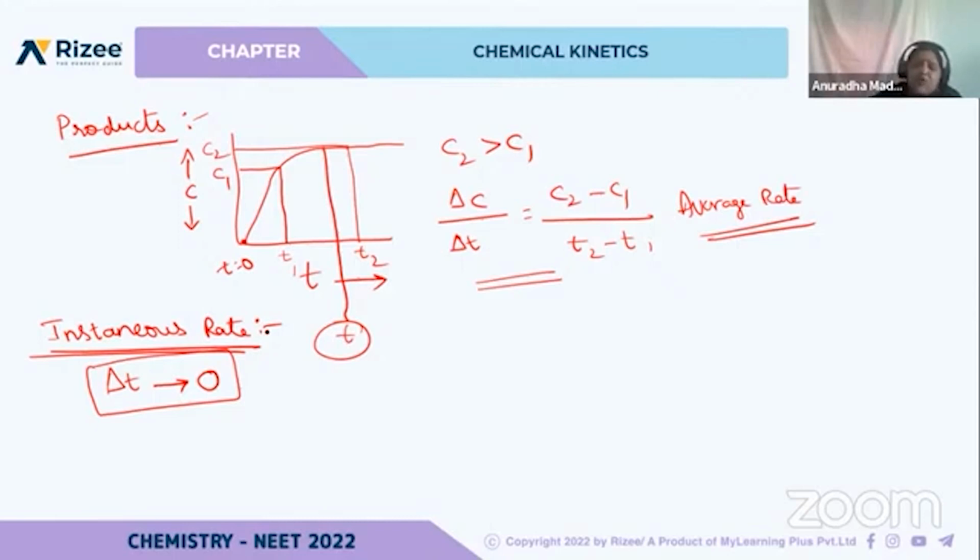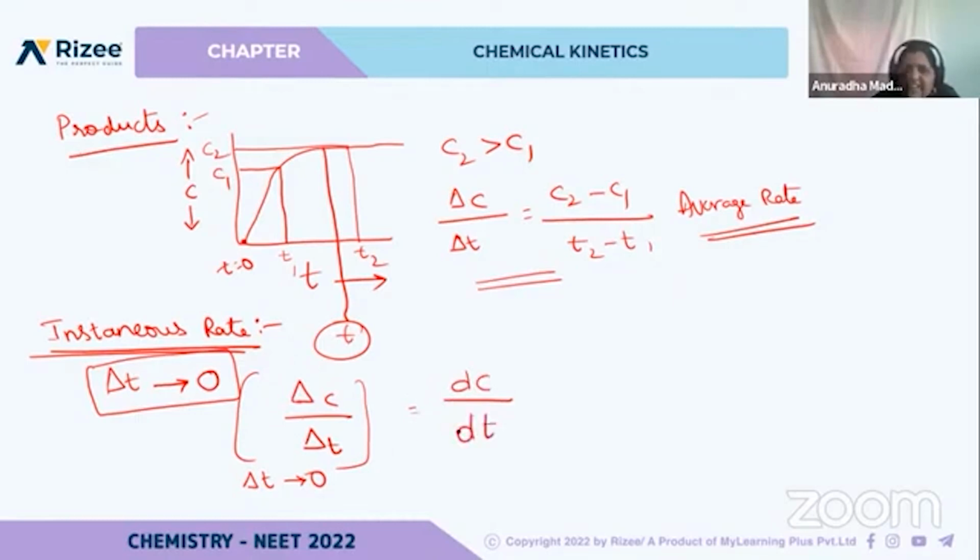Then what about the rate of reaction? Same thing, delta C by delta T, but here delta T tends to 0. A limit applies when we consider instantaneous rate, that is delta T tends to 0. So instead of delta, we use small d: dC by dt.